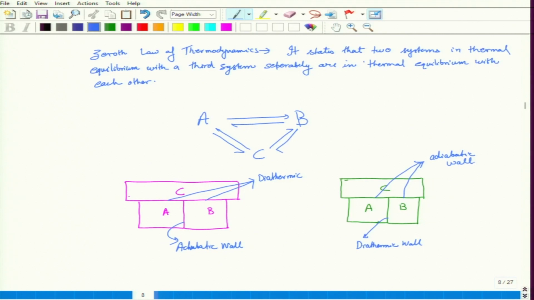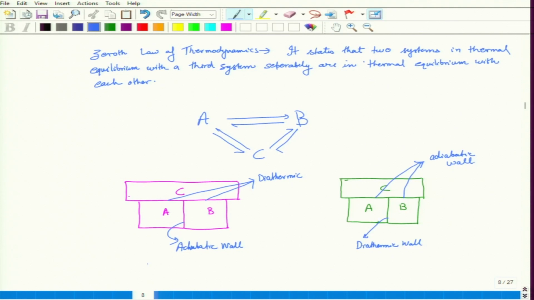What do you think should happen in the first case? There shouldn't be any exchange between A and B, that is very clear, because that is an adiabatic wall, but there is exchange between A and C and B and C, and this exchange continues till it reaches thermal equilibrium.